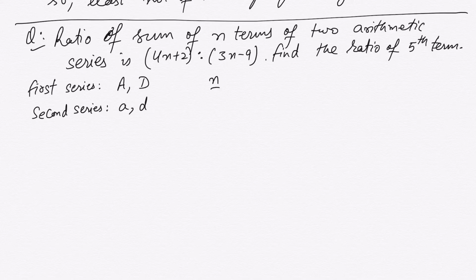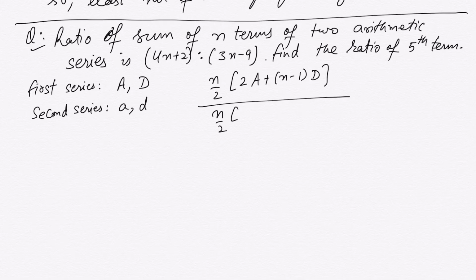So what will I write? I'll write n by 2 into 2a plus n minus 1 into d. This is the sum to n terms of the first arithmetic series, and similarly for the second series, the expression for the sum to n terms will be given by this expression, and then this is equal to which ratio? 4n plus 2 divided by 3n minus 9, right?